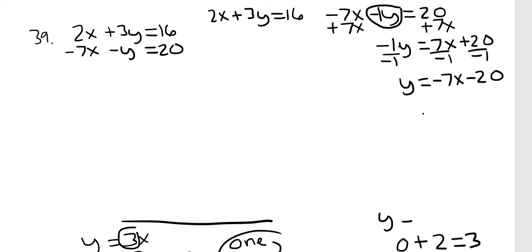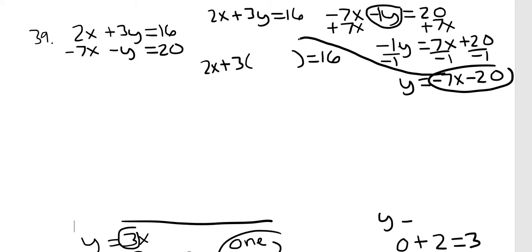Okay, so after we get one of the variables alone in one of the equations, our next step is to make a substitution into the other equation for that variable. So we plug negative 7x minus 20 in for the y in the first equation. Now, you know that you did your substitution correctly if you end up with an equation that just has one variable to solve.